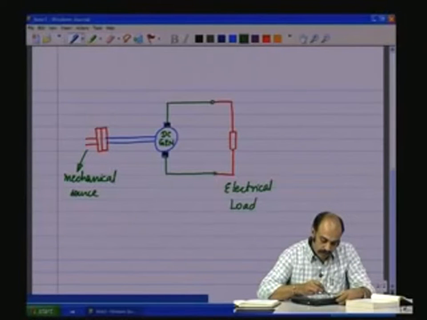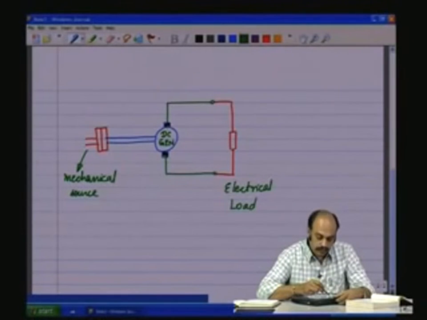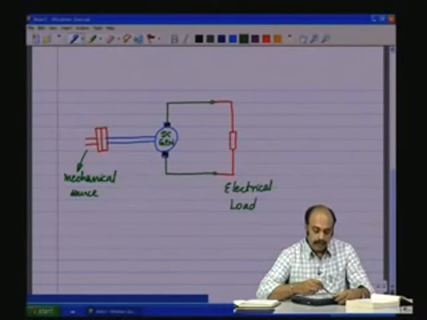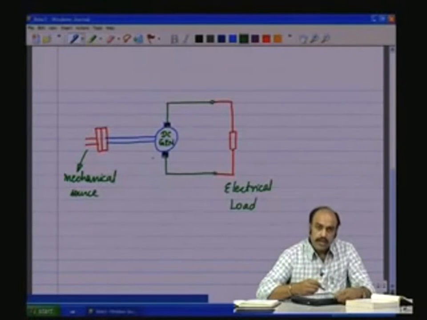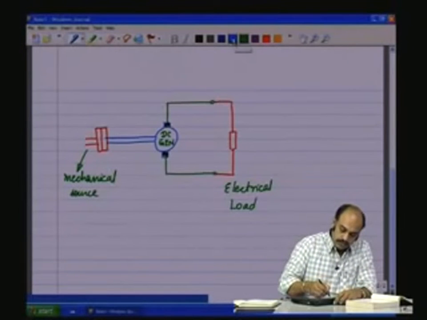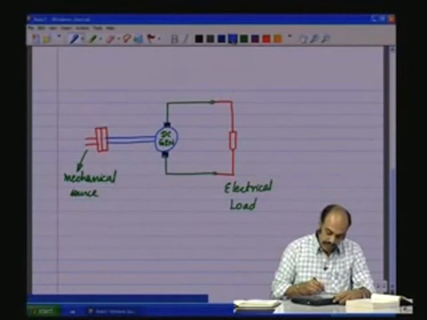Now, this wire through the brushes leads into the coils of the armature. So, therefore, there are two non-idealities that can come into play.